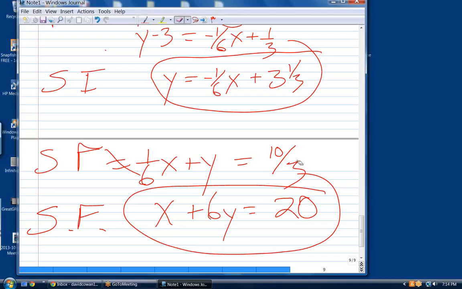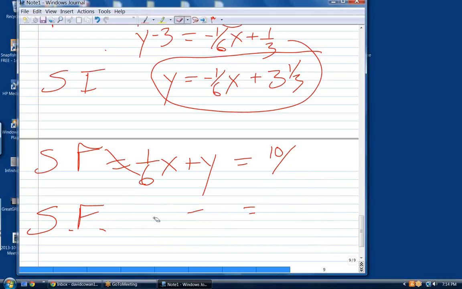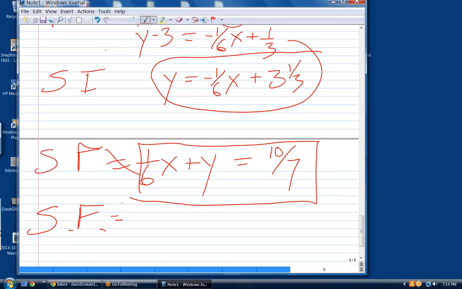Had this been 10/7, convert it to standard format. In other words, take this equation and convert it to standard format. You do the same thing. Now, if both sides were multiplied by 6, that wouldn't get rid of the fraction over here. So then multiply both sides by 7. That wouldn't get rid of this fraction.